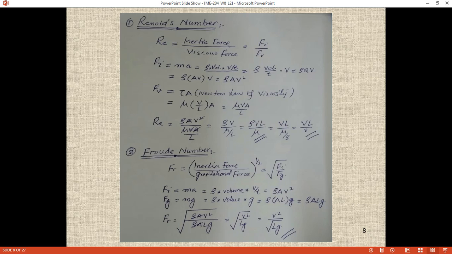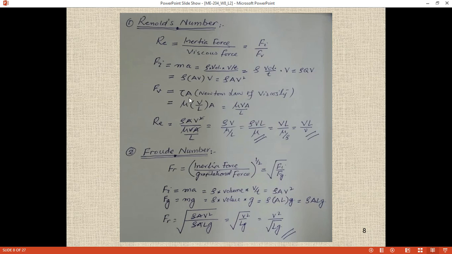The velocity gradient is the change in velocity with respect to the change in depth or change in height, multiplied by the area. So if we multiply the shear stress by the area, you will get the viscous force.